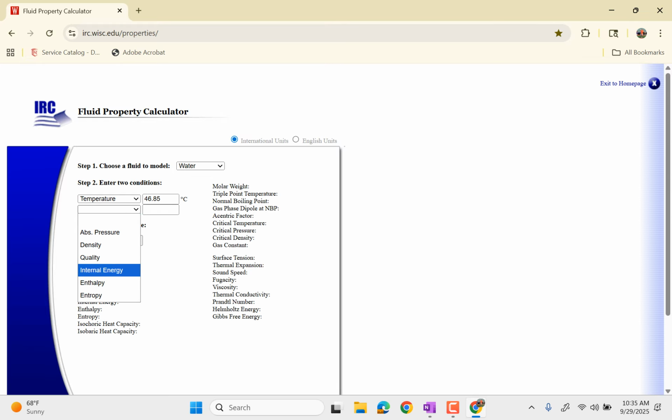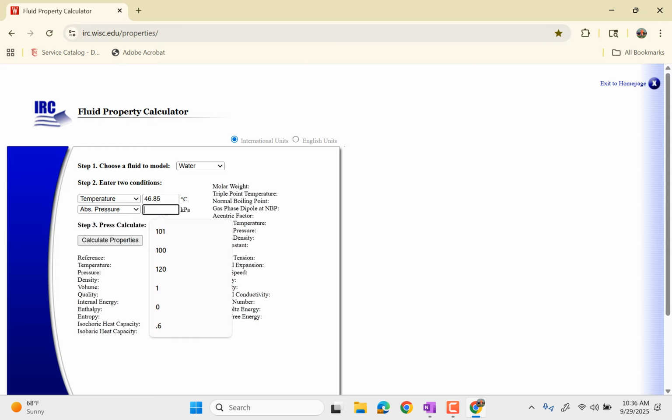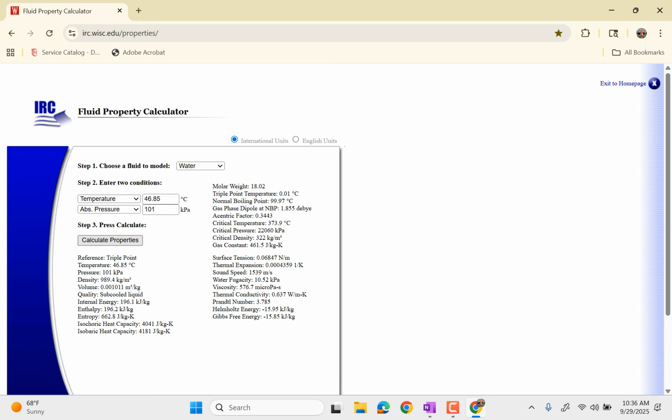And then pressure, this is in kilopascals, so 101. And we'll calculate those properties.